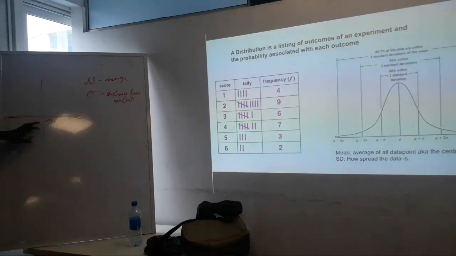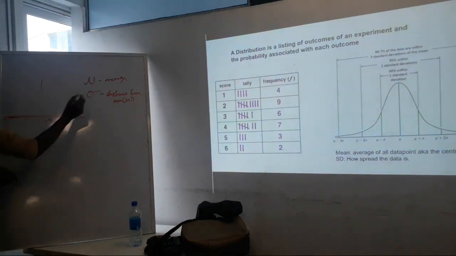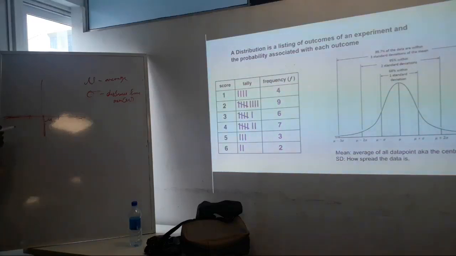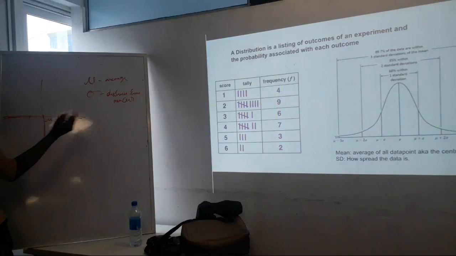Sorry. This is the mean. With respect to normal distribution or Gaussian distribution, this particular point signifies the mean. So standard deviation, what do we say standard deviation is? Distance from the mean.